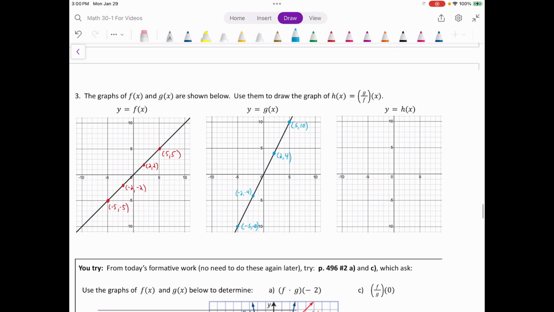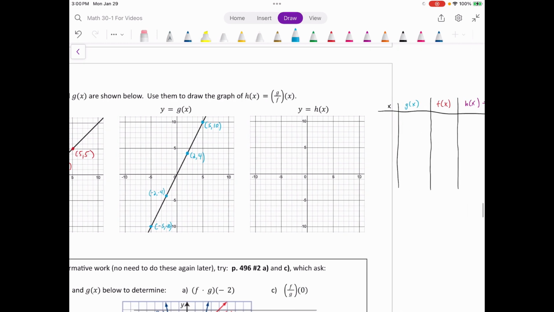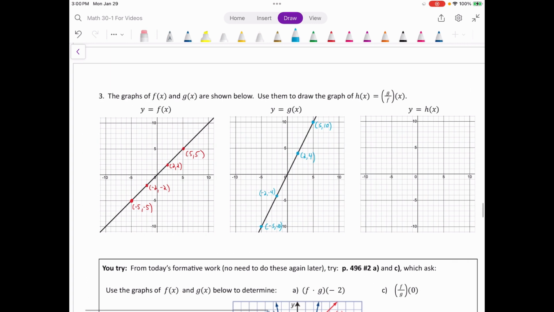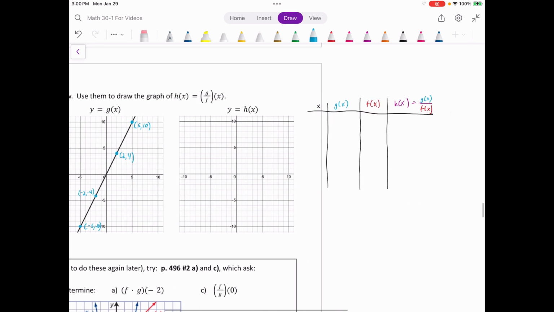Okay, why am I looking at those points? Again, because all we need to do is take g and divide it by f. So now I know when x is 5, f is 5, g is 10. So h of x is just going to be g, 10, over f, 5, at x being 5, right? So let's just use that to fill out our table of values. When x is 5, we said g of x was going to be 10.